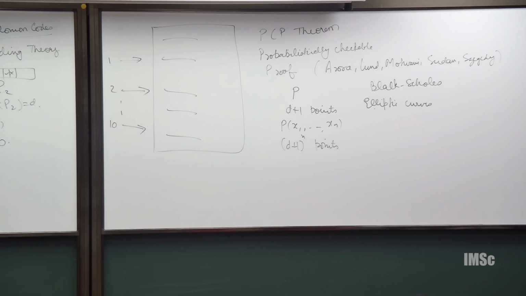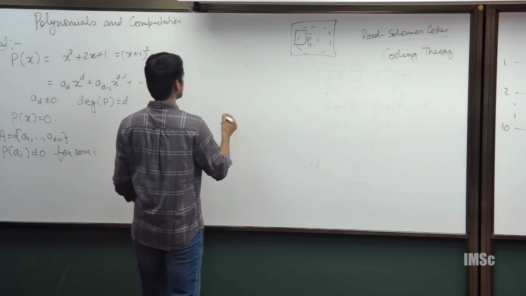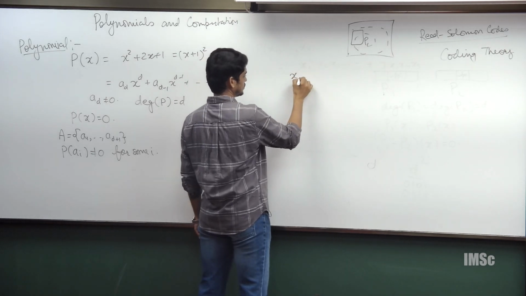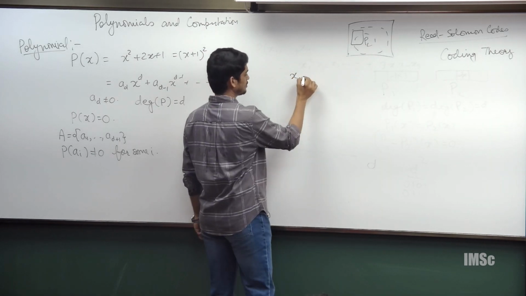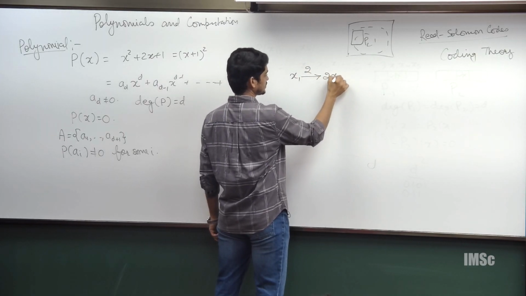Right now I was just saying how polynomials are used in tasks of computing, but let's say I want to talk about how do I compute polynomials. So the next thing is not how do I use polynomials in computation, but actually how do I compute polynomials. So what are you allowed to do? You can start with a variable, let's say x1, you can multiply it with a constant, so you multiply it with 2, you get 2x1.